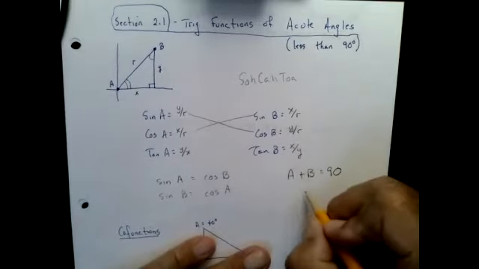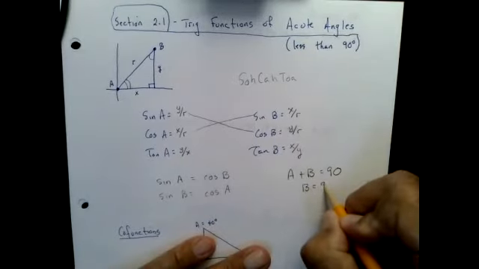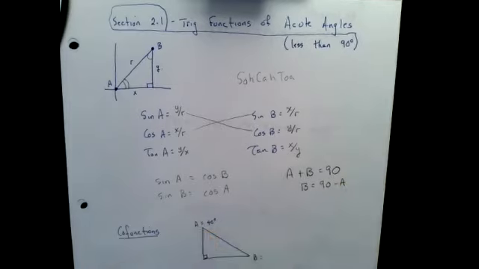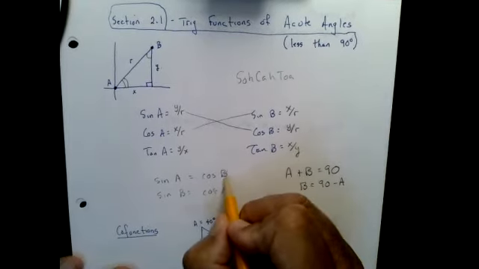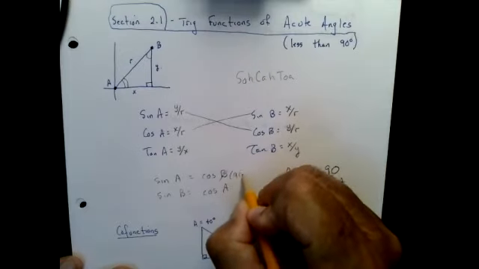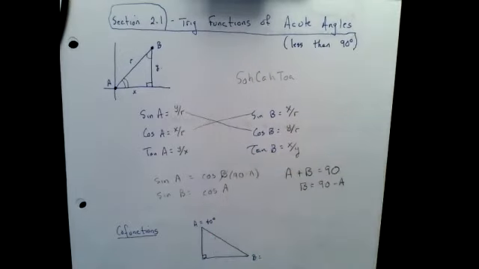So one of the things I can say is, wait a minute, B equals 90 minus A. So here I could have said, instead of B, 90 minus A. So always know that the sine of B equals the cosine of A, and that A plus B equals 90. Just little facts to tuck away.